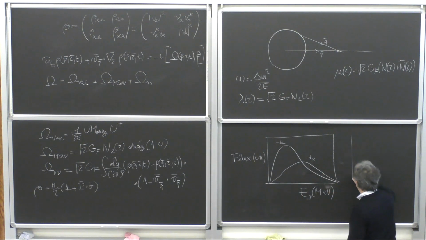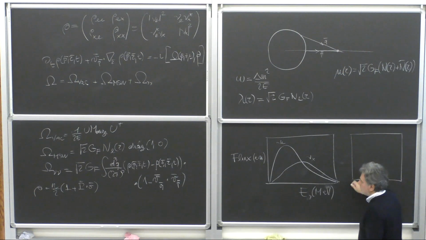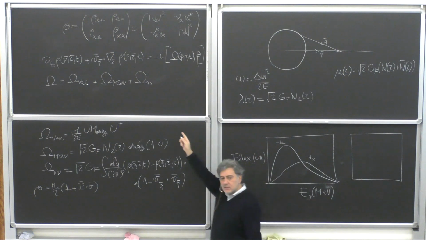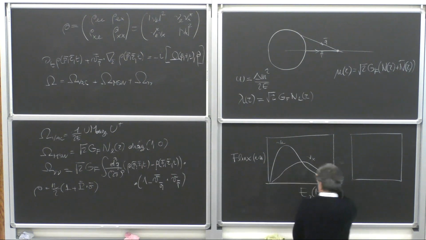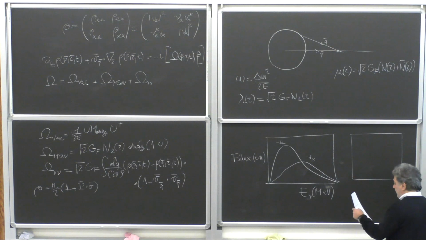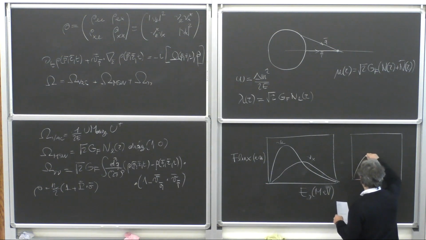And for antineutrinos, you have to write a similar equation for the density matrix, but with some sign changes. You have a smaller flux.